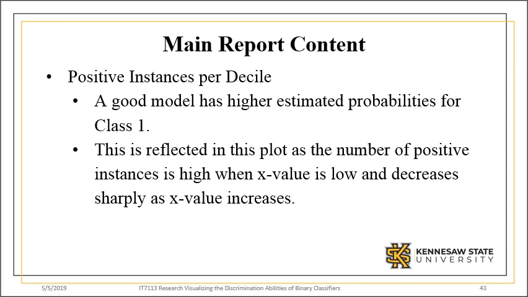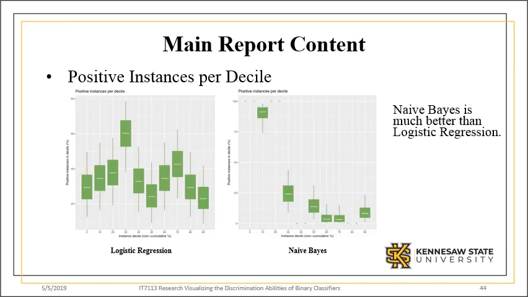This is reflected in this plot as the number of positive instances is high when X value is low and decreases sharply as X value increases. As shown here, for naive Bayes, the number of positive instances in the first decile is much more than the others. For logistic regression, the difference is not very obvious.